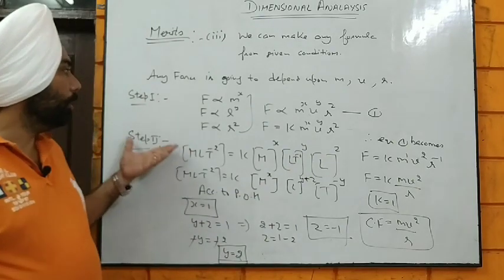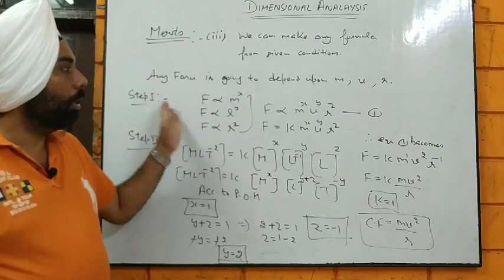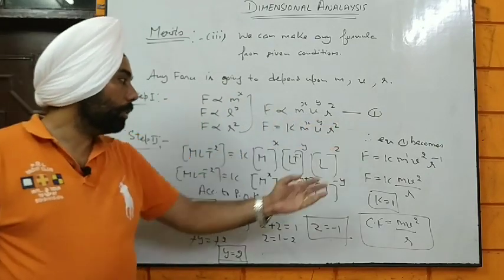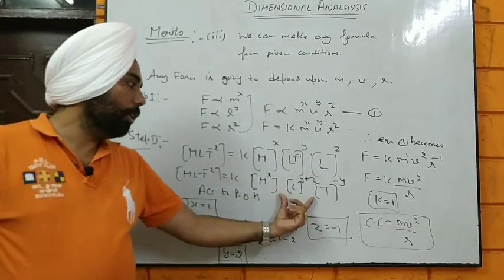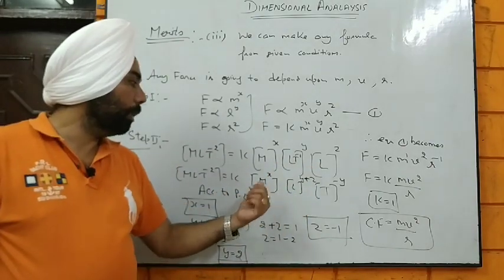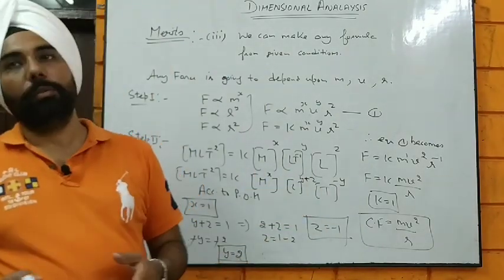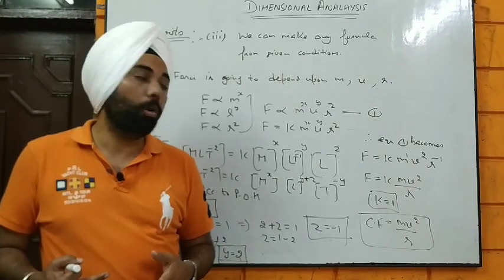So step 1 is just take those physical quantities upon which the given quantity depends, assume the powers, and then make dimensional formulas and make equations in terms of powers of MLT, and then equate those powers of MLT because of the principle of homogeneity.